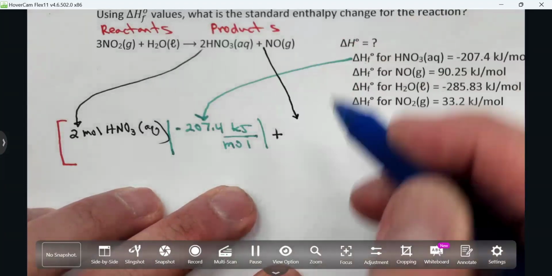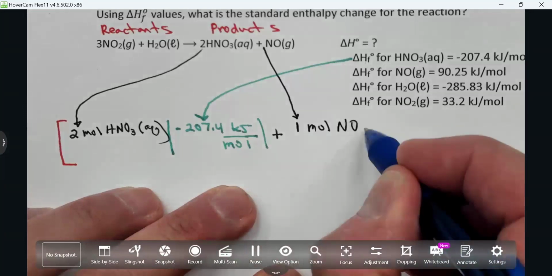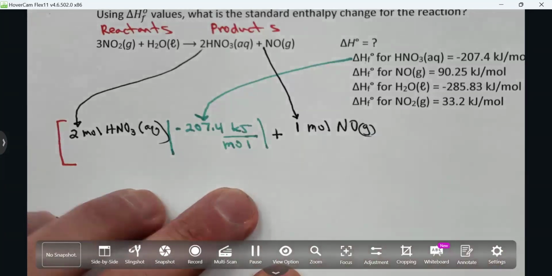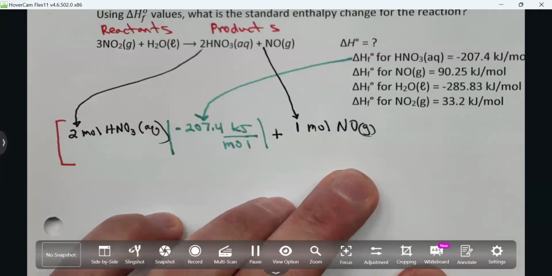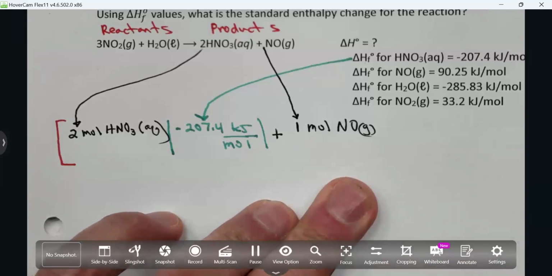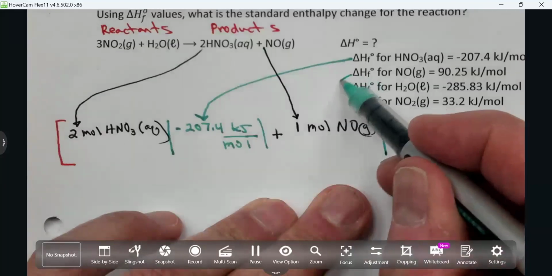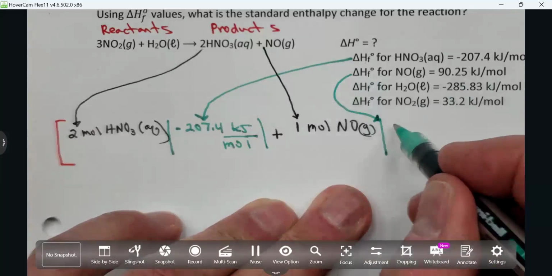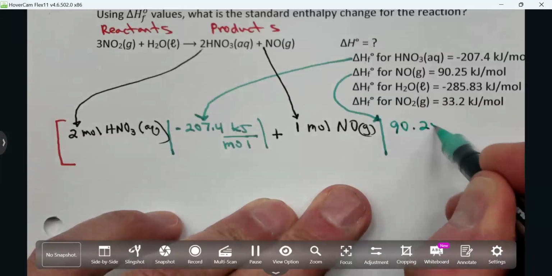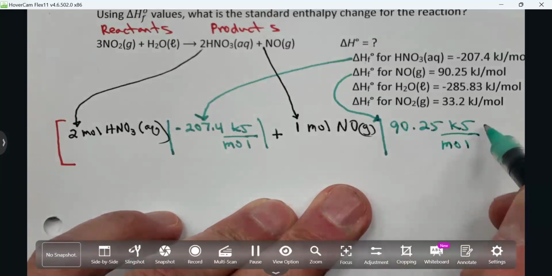A 1, correct? 1 mole of NO gas. And what does it take to do the NO gas? 90.25 kilojoules per mole.